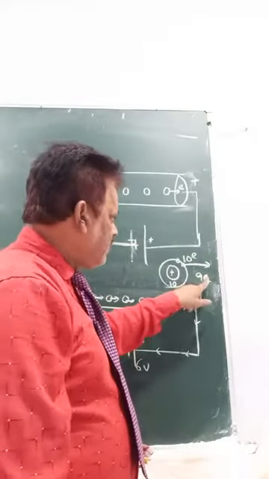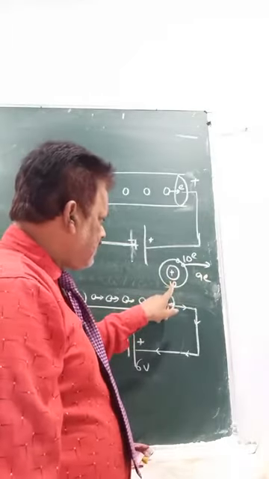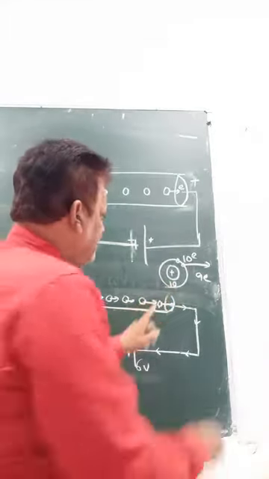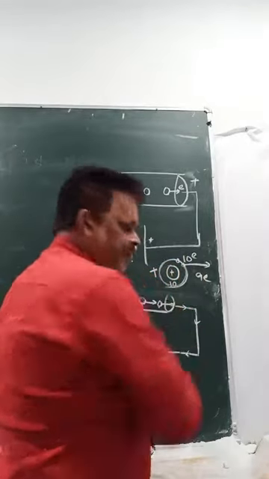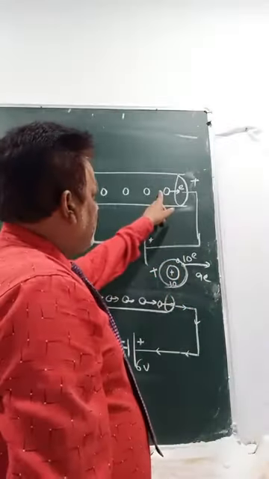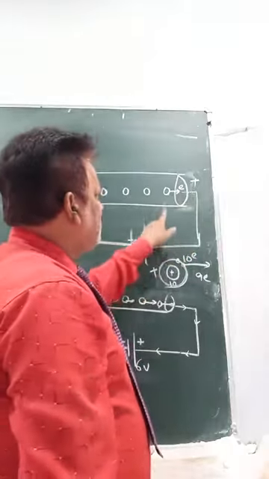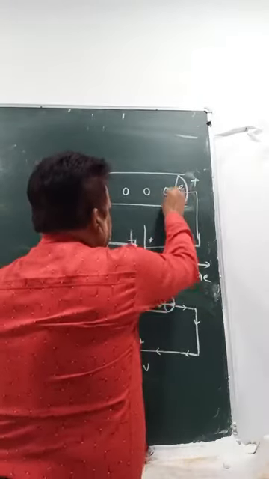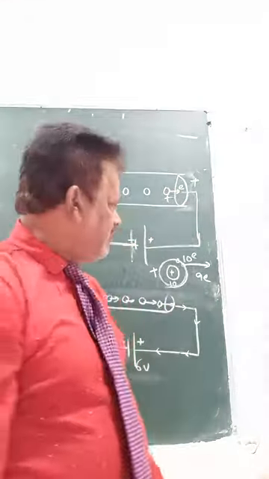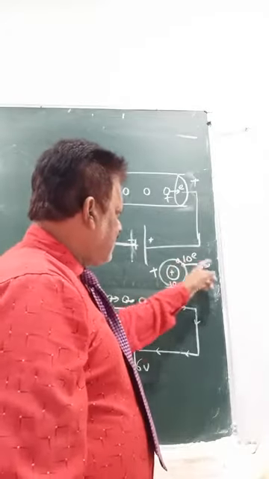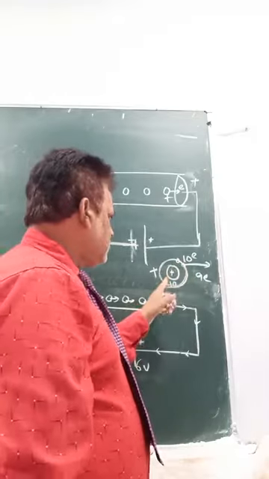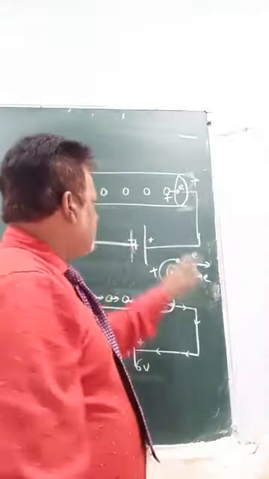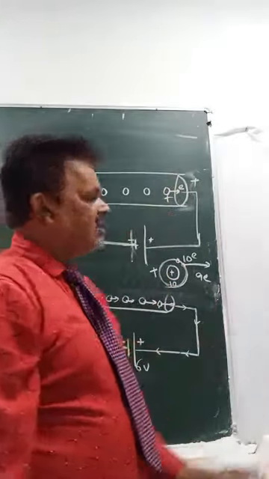That means one excess proton will be in this atom. That means when this electron moves out, this atom is positively charged. Why positively charged? Because if one electron goes out, there will be a shortage of electrons, means surplus of proton. So that atom is positively charged.